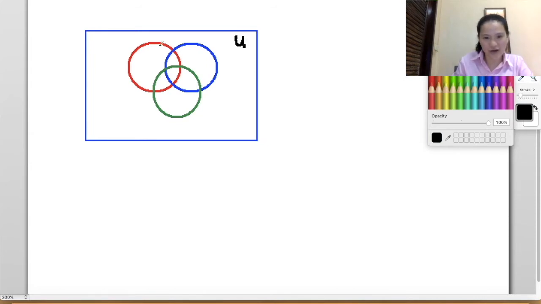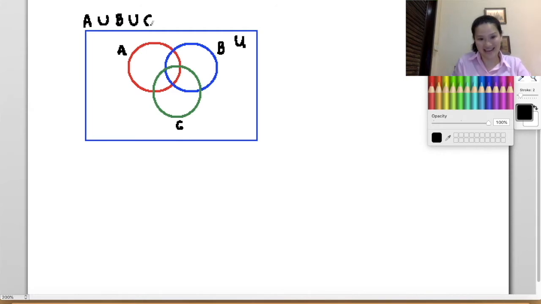Here is the universe, here is set A, set B, and set C. Now, if they want you to find out the union, like A union B union C, you have to know the concept of union. Do you remember the concept of union? If you don't know the union, you just watch the last clip that I taught you about the basics. Now we go to advanced.